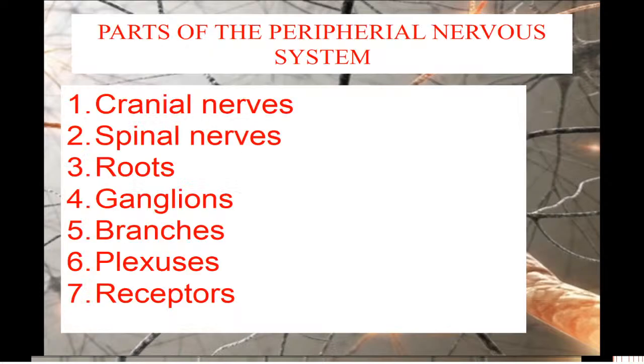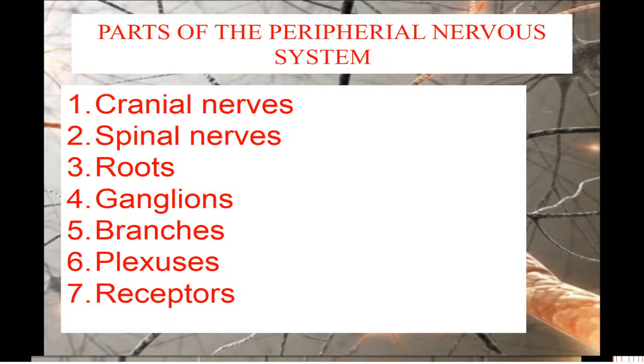I hope you all remember central nervous system consists of the brain and spinal cord. And everything located outside of the spinal cord and brain is known as the peripheral nervous system.